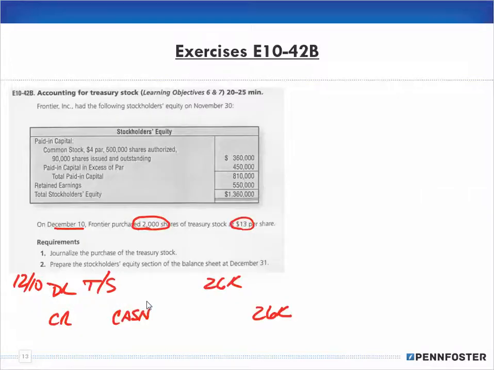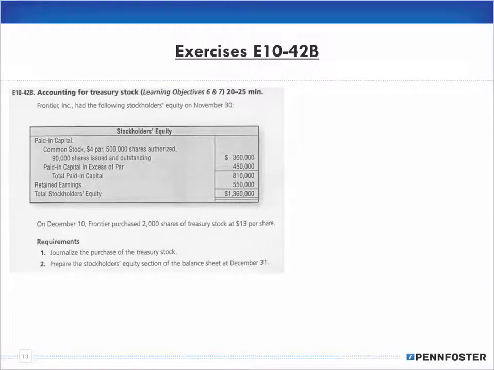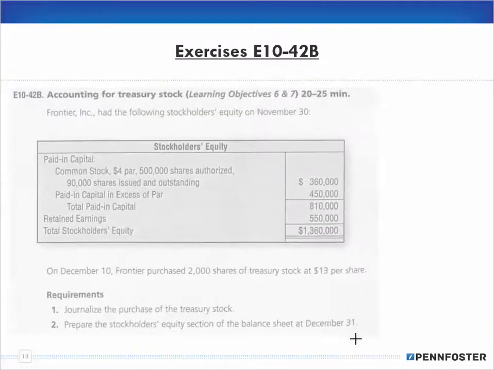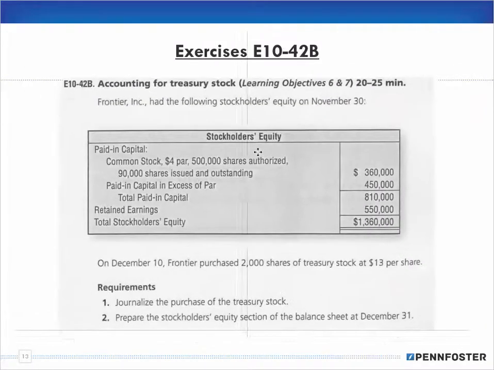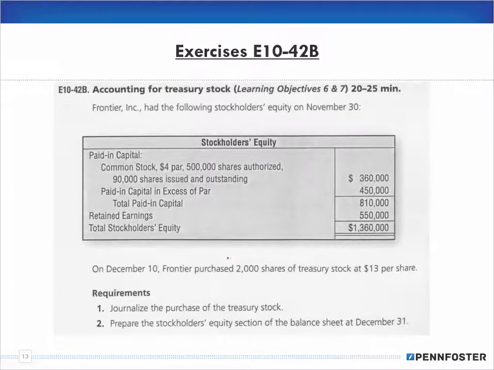Now pause the video if you have to, because I'm going to erase this and write down that transaction. Now, instead of rewriting the whole stockholders equity section here, I'm just going to write over the information.